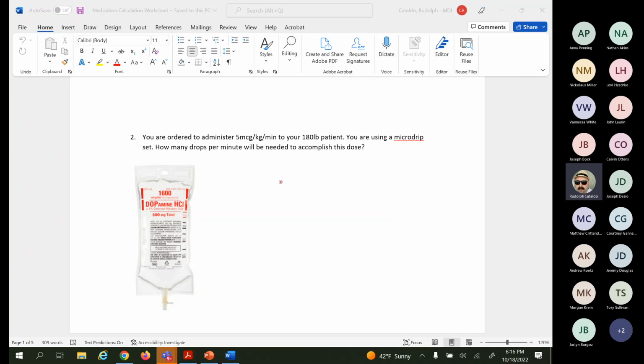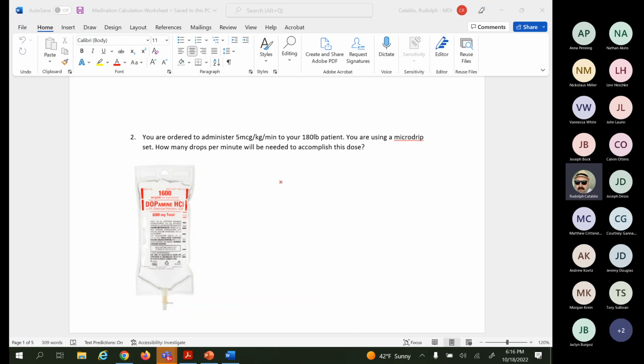So I would do 5 micrograms times 82 kilos. And it says you are using a micro drip set. Micro drip sets are always 60 drops a minute. Always. If you look at the package of a 60 drop set, it says micro on it. So my equation would be 5 times 82 times 60 divided by my concentration.